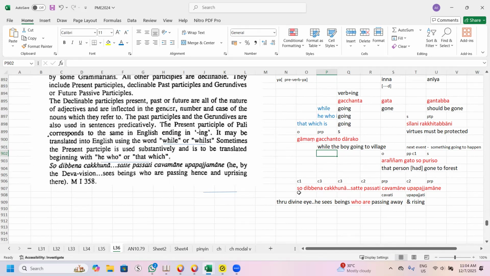Then he sees; this is an object. He sees things. Now, can you see the word "who"? Because "he who", this is him, who, I don't need to mention "he". I say "things who". This is reflecting on this.